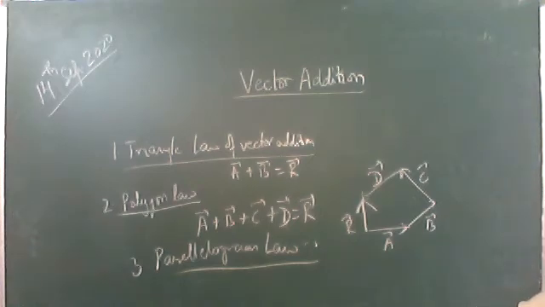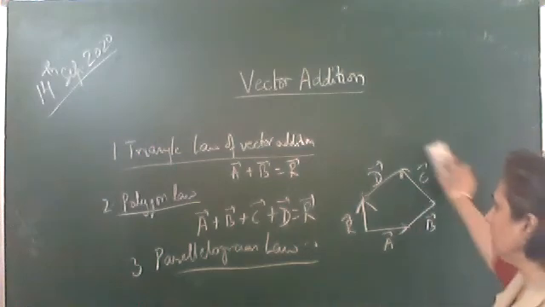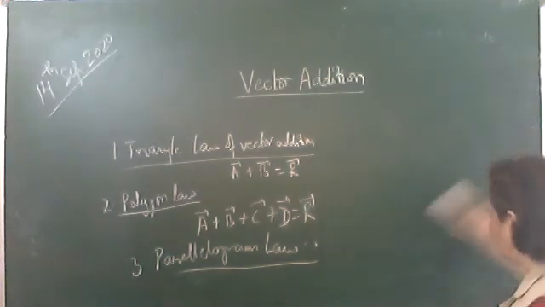If two vectors can be represented by the adjacent sides of a parallelogram, then their resultant is given by the diagonal passing through the same point.